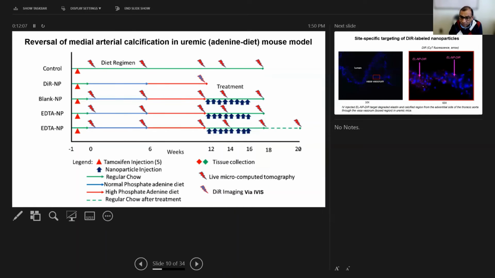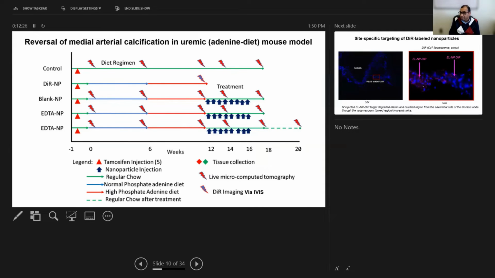Then our collaborator at Clemson University, Dr. Narendra Bahari, provided us some nanoparticles that have EDTA loaded in them. These nanoparticles are connected to an anti-elastin antibody.